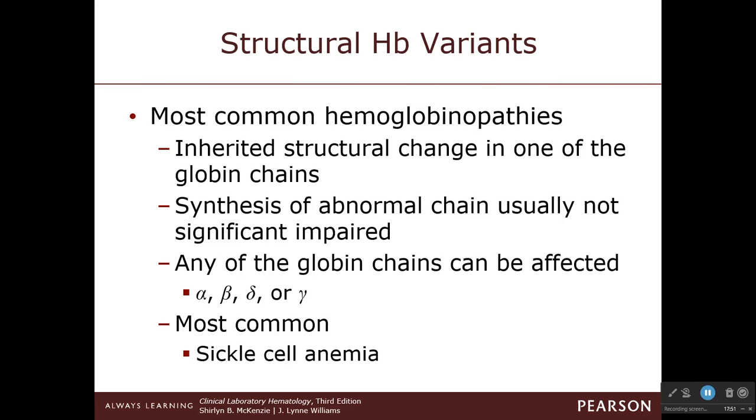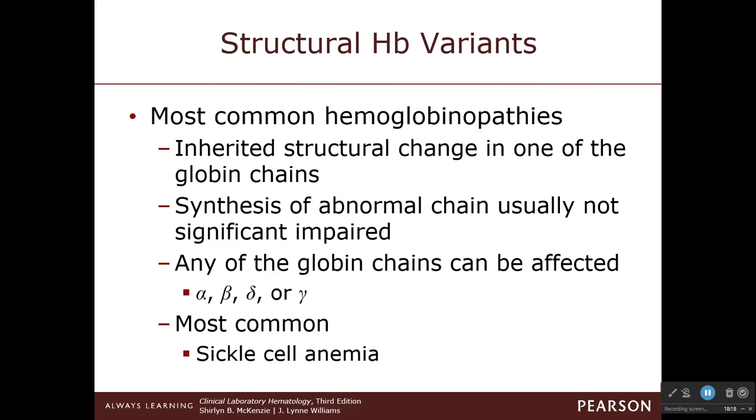So, what are the most common hemoglobinopathies? Usually they're inherited structural changes in one of the globin chains, which is what we talked about. And the majority of them are the beta, which is why they're a problem for us, because that makes up 95 to 97% of our hemoglobin, okay? So synthesis of the abnormal chains is usually not significantly impaired.